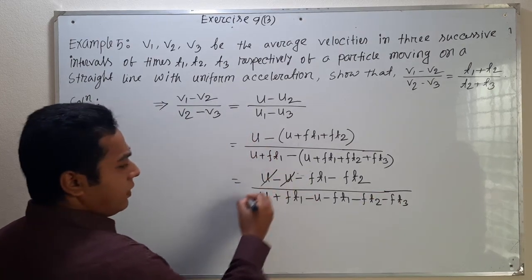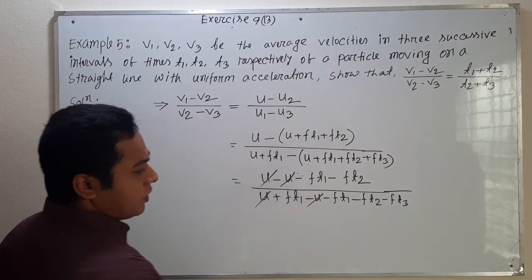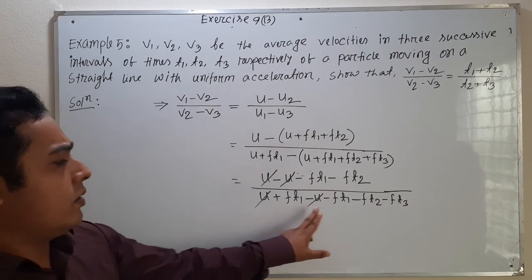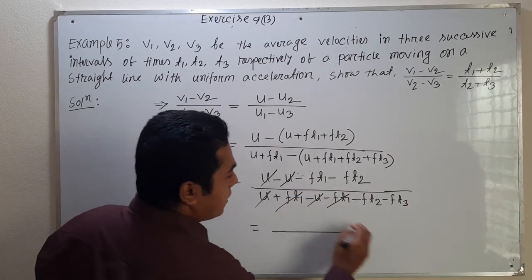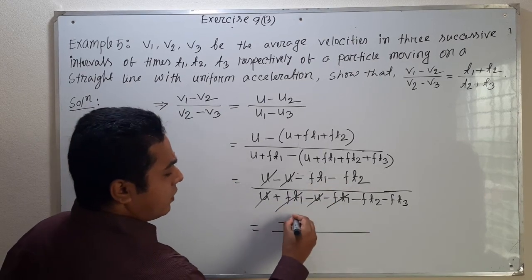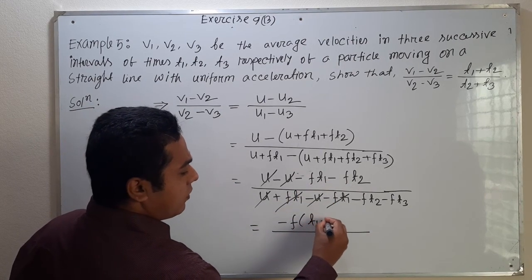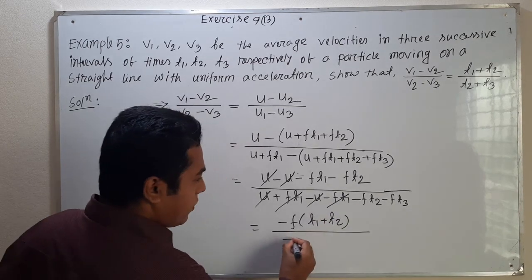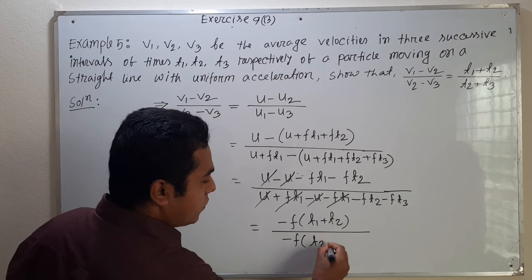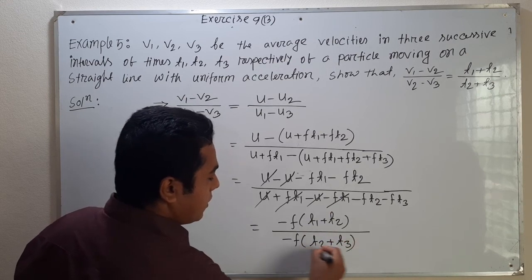Okay, taking minus f as common, then t1 plus t2, and here minus f is common, then t2 plus t3.